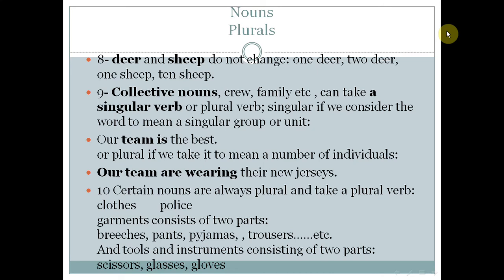For example, trousers are tall, pants are white. Also tools and instruments consisting of two parts: scissors, glasses, gloves. Gloves are important today. Gloves, plural here.